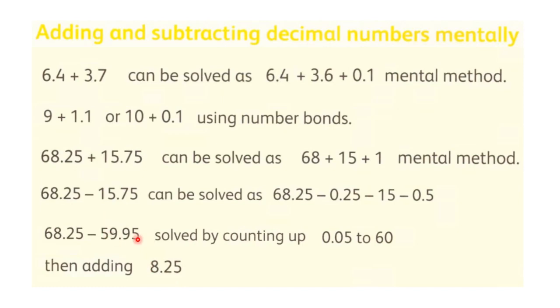So 0.05 makes this 60, and then I count to 68.25. So I go 59.95 plus 0.05 is 60. 60 plus 8.25 gives me 68.25. The difference will be this plus this.